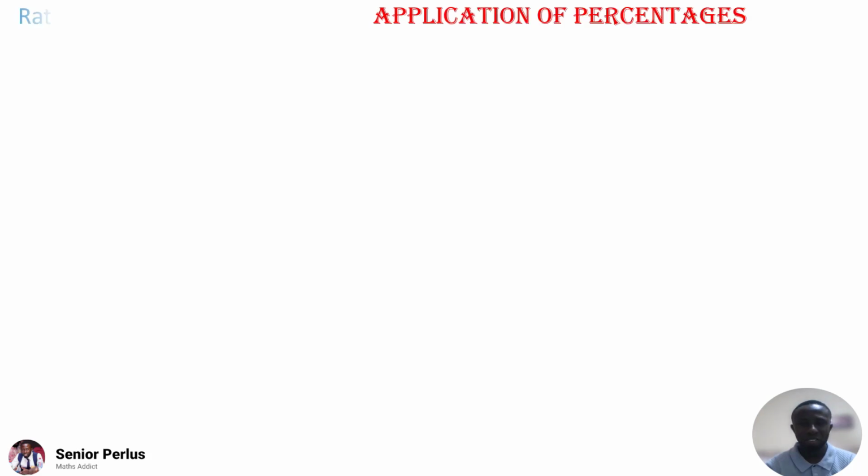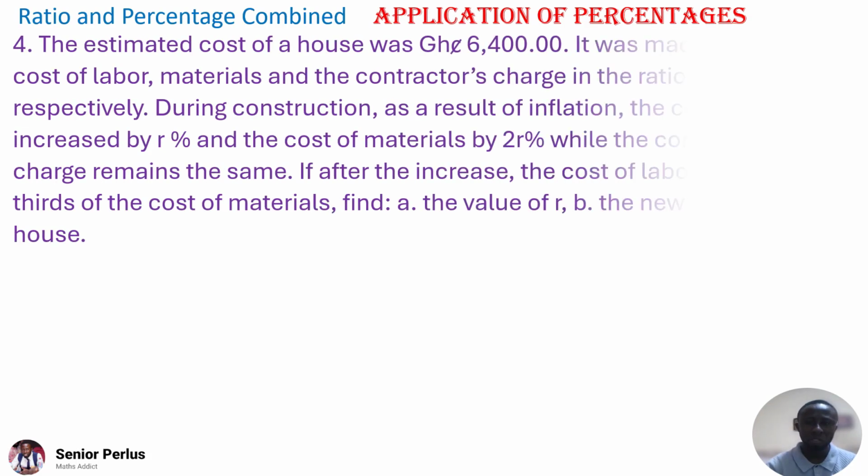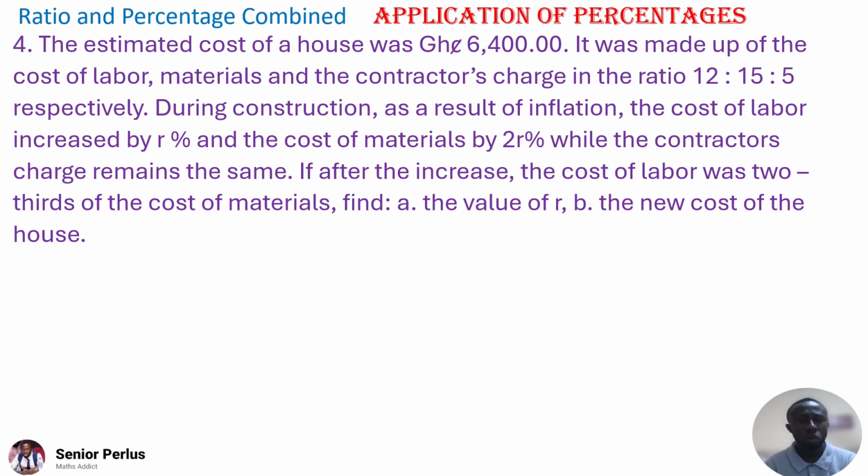Example 4. Under ratio and percentage combined: the estimated cost of a house was 6,400 Ghana cedi. It was made up of the cost of labor, material, and the contractor's charge in the ratio 12:15:5, respectively.